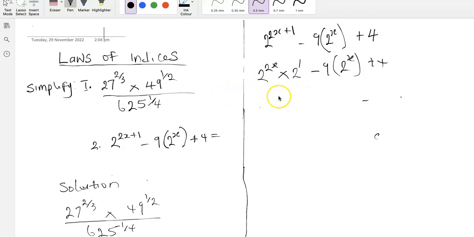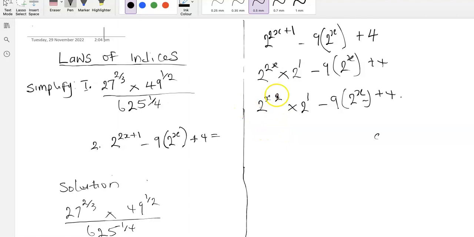So what I'm going to do now is to change the orientation of this one just to help me solve the question. So I'm going to say 2 raised to x, 2 times 2 raised to 1 minus 9 raised to x plus 4.